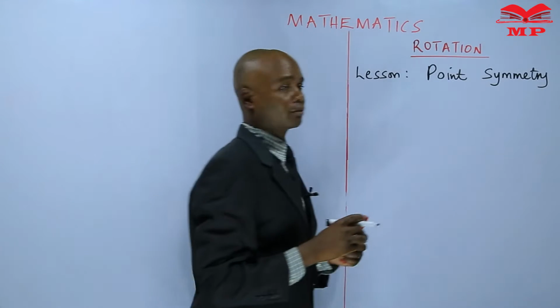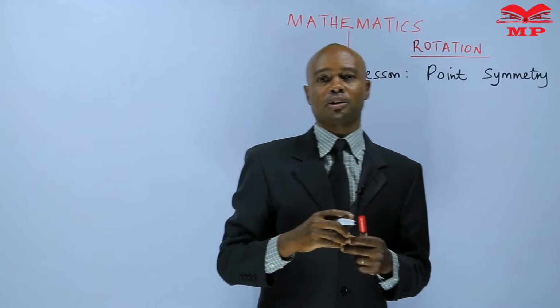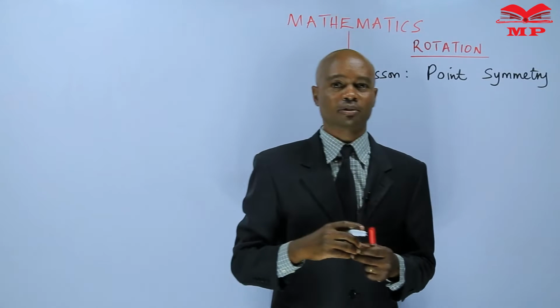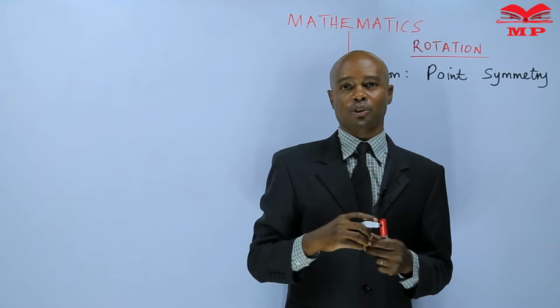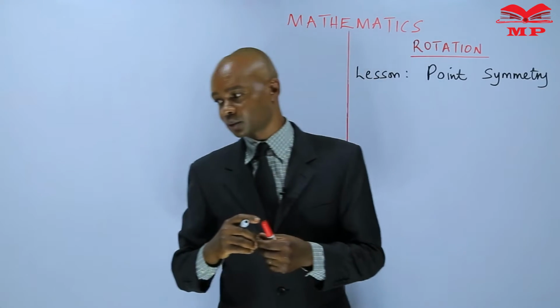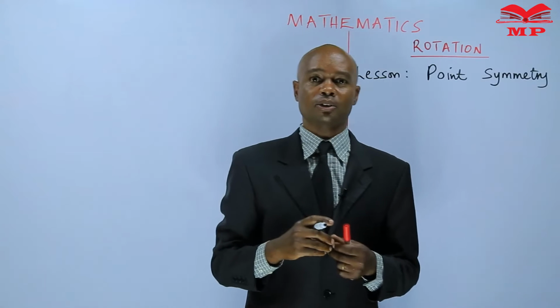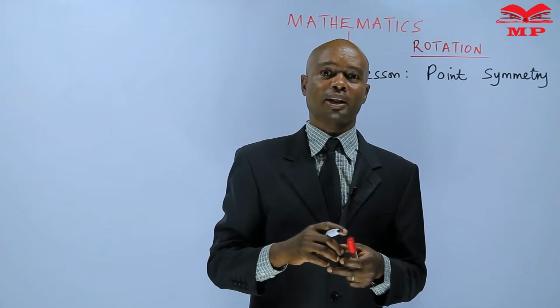So the objective of the lesson is for the learner to understand what happens to other plane figures we learned in the earlier lessons, like a pentagon. We have equilateral triangles. What order of symmetry will they have?